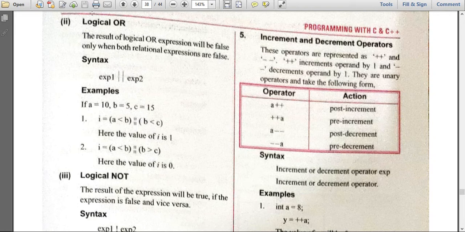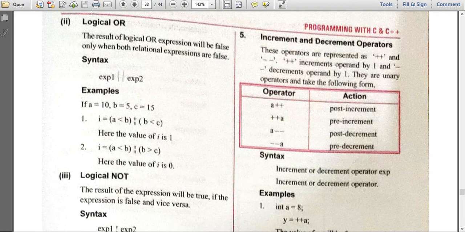So if I use OR condition, if any one is true, the final result of that expression will be true. In the second condition, A less than B, 10 less than 5, it is not satisfied. Here you have OR condition, so we check one more condition, B greater than C, 5 greater than 15, no. When both the conditions are false, then only it will return false. That is the case with the logical OR operator.